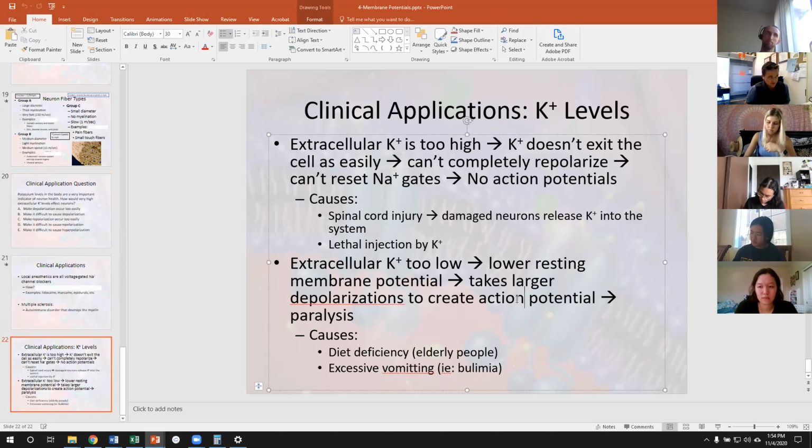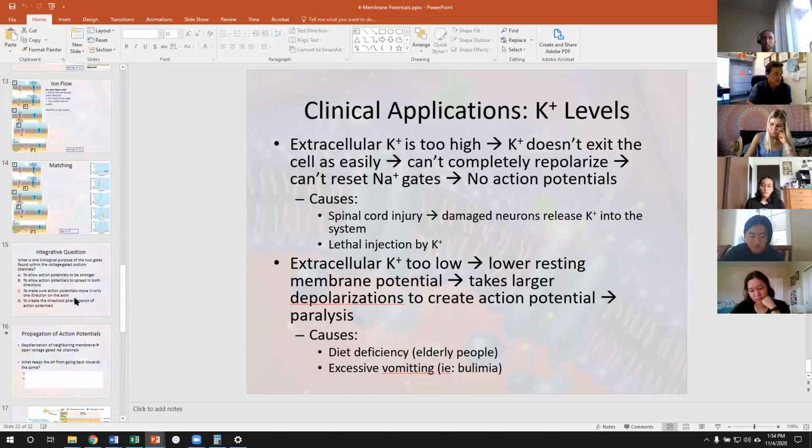We rely on having a strong diffusion gradient for potassium to move out of the neurons, to be able to repolarize and hyperpolarize. So what happens if we have almost no potassium outside of the cell? That creates a stronger gradient for potassium to go out.